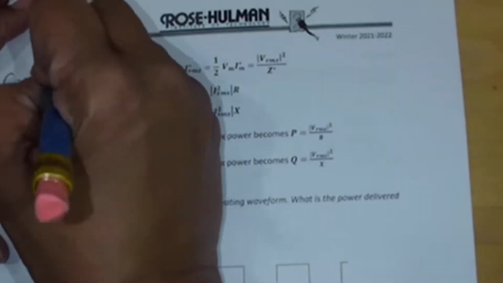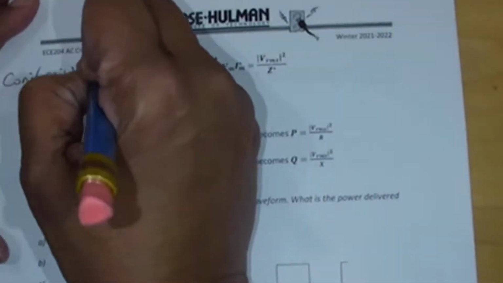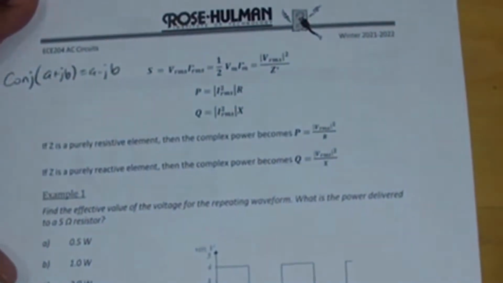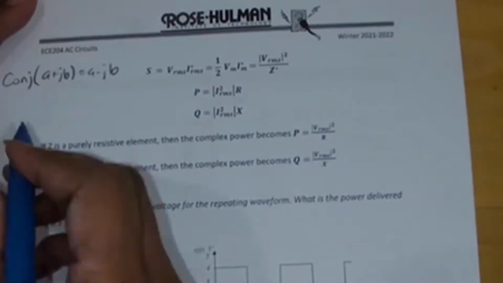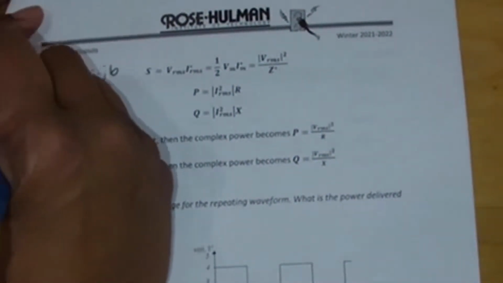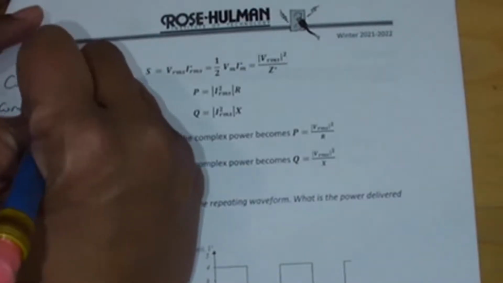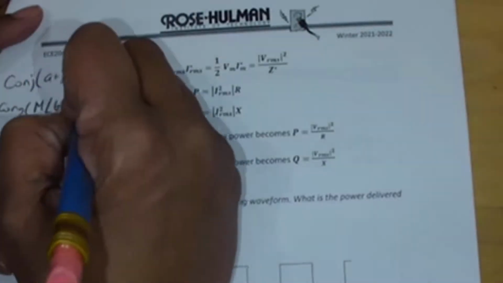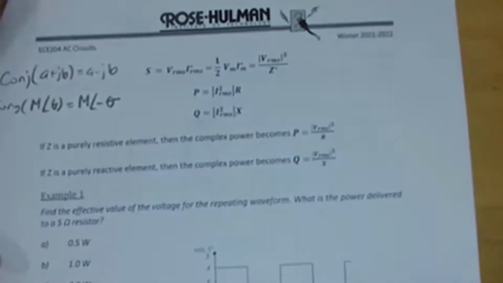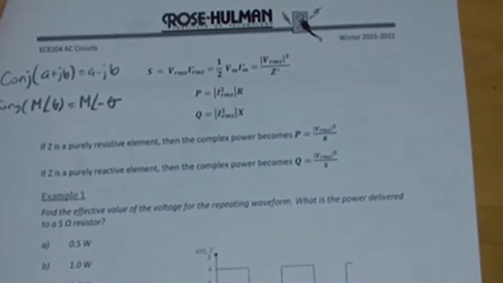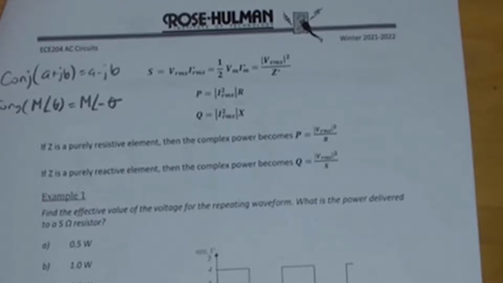The conjugate of A plus jB is A minus jB. The conjugate of a magnitude and an angle is that magnitude, and you flip the sign on the angle. So VRMS times IRMS conjugate means you flip the sign on the angle or you flip the sign on the imaginary part.